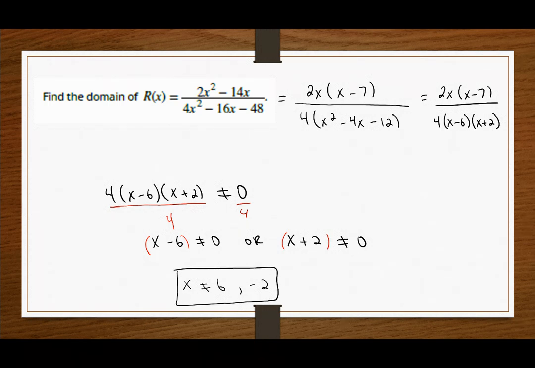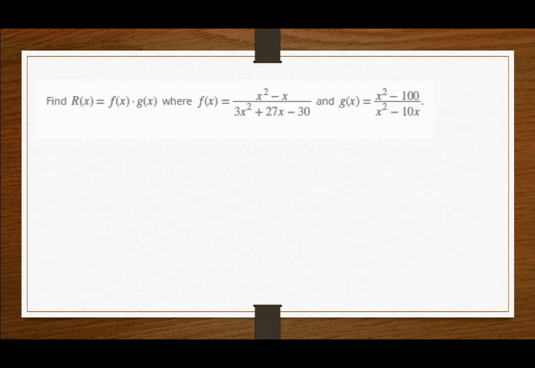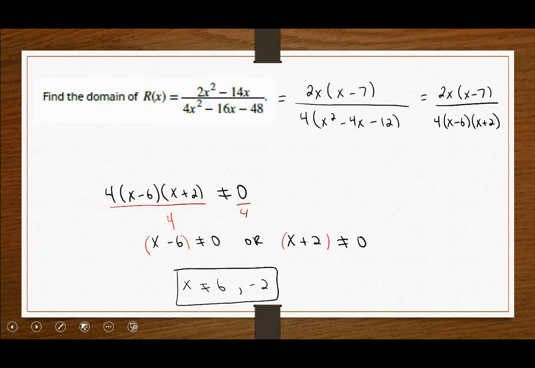So here is my domain. How do we state this? Well, we might write it in what's called set builder notation, where we say that the domain is given in my curly brackets for values of x where x is not equal to 6 or negative 2.